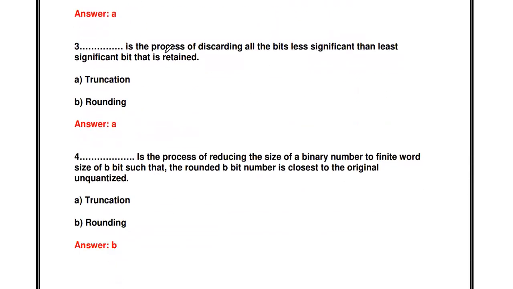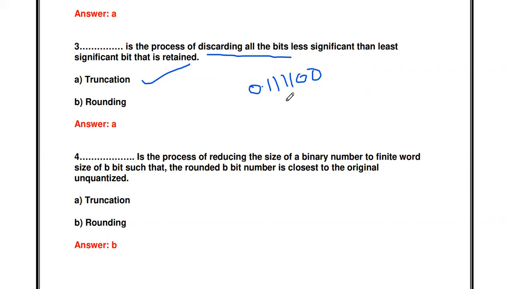Third question: dash is a process of discarding all bits less significant than the least significant bit that is retained. This process is called truncation. For example, if the given data is 0.111100, there are 6 bits.